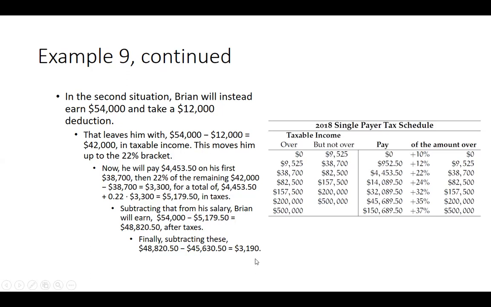He was not hurt by taking the raise and getting bumped into the next tax bracket, because you can't get hurt by moving into the next tax bracket. It's not mathematically possible with the way that taxes are actually calculated.